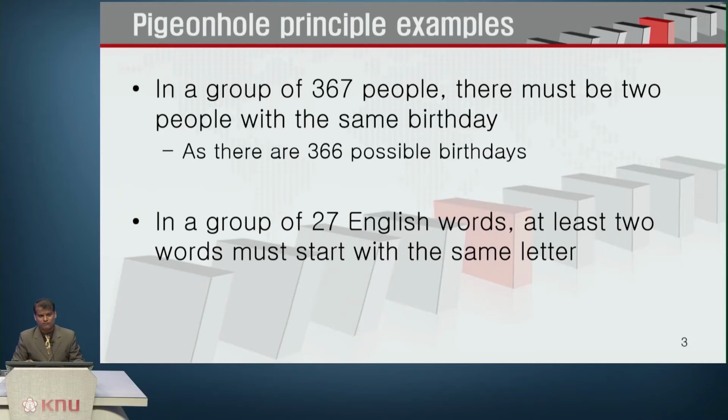Likewise, in a group of say 27 English words, at least two words must start with the same letter. Do you agree? Yes, of course, because we are talking about a group of 27 English words. It can be any words, like ant, bat, cat. So we are talking about the letters A, B, C, D, and it goes on till Z. So you have 26 already, but in a group of 27 words, you should have another word that might be repeated.